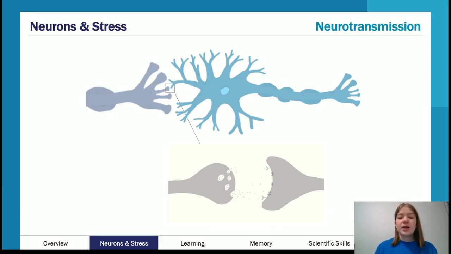After this is done, you can have enzymes come through and clear away these neurotransmitters, freeing up the space for our next time we want to send that signal across. We can also have reuptake channels on our axon terminal where the neurotransmitters can be taken up so they can be used again in future.